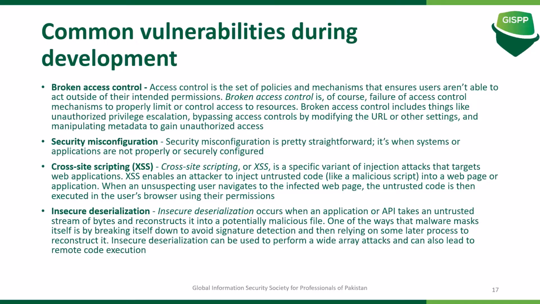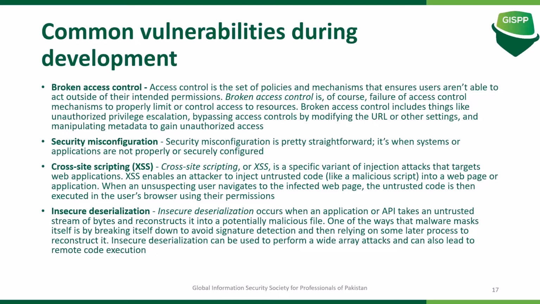Insecure deserialization occurs when an application or API takes an untrusted stream of bytes and reconstructs it into a potentially malicious file. One of the ways that malware masks itself is by breaking itself up to avoid signature detection and then relying on some later process to reconstruct it.